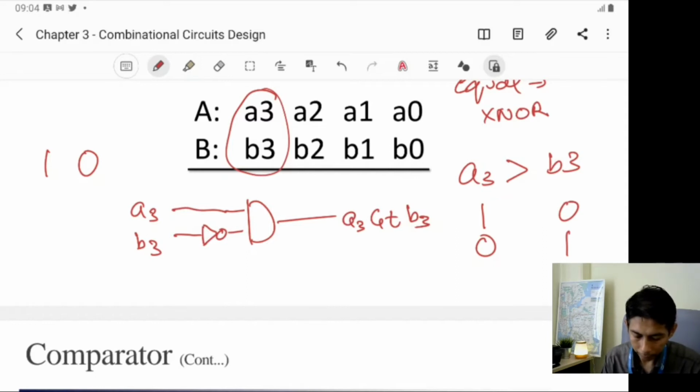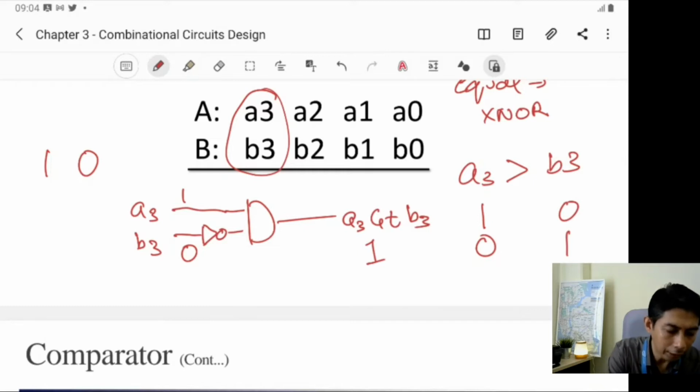So if A3 equal to 1 and B3 equal to 0, what will we have here? This one will be equal to 1, right? So we know exactly that if A3 equal to 1 and B3 equal to 0, then A3 must be greater than B3.